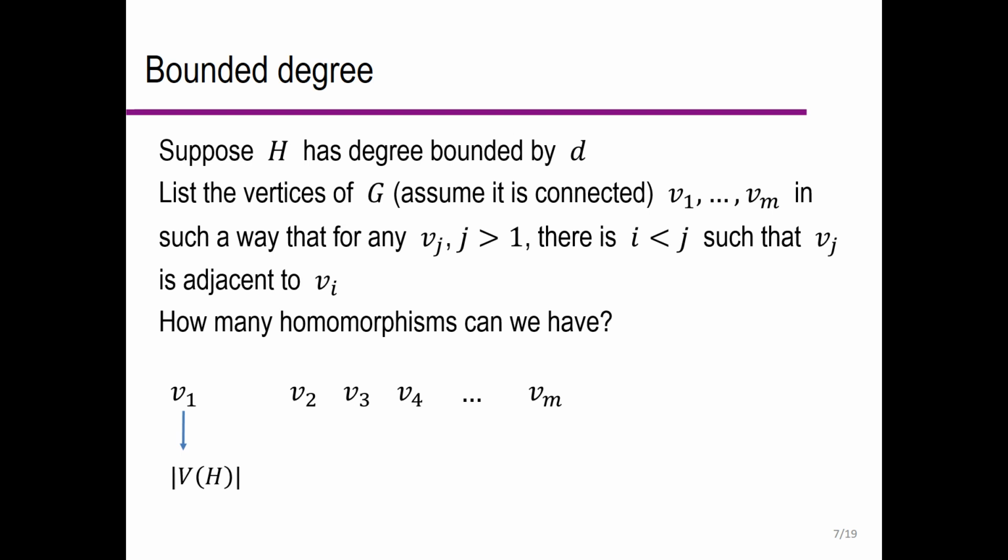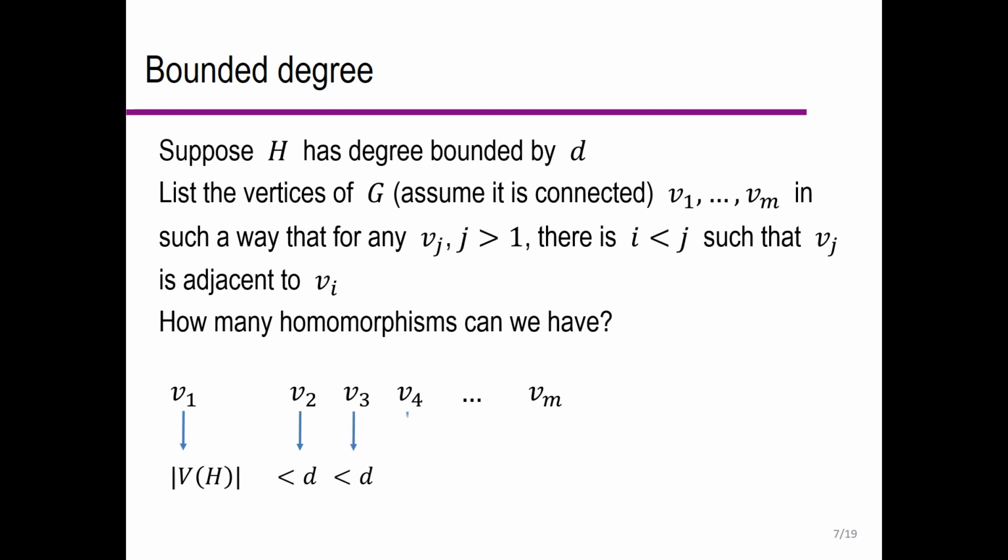So the number of options for that is just the number of vertices in H. But every next vertex is adjacent to some of the preceding ones, and since the image of the preceding vertex is already fixed, say v1 has to be connected to v2, and therefore v2 has at most d options to be mapped, because the degree of the image of v1 is at most d. So the number of images of v2 is at most d.